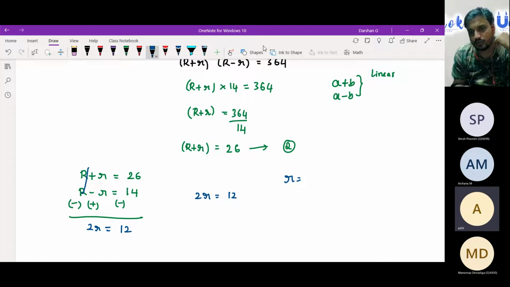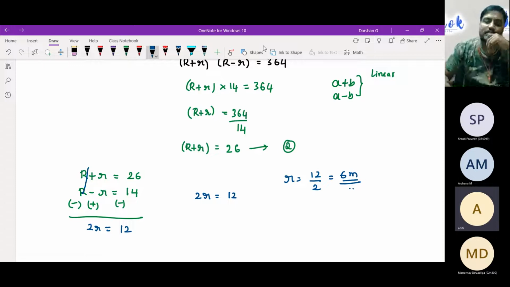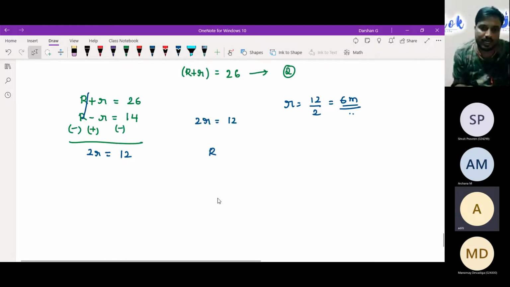r equals 12 divided by 2. The answer is 6 meter. The small r is 6 meter. Now put it in any one of the equations to find the bigger R. So R plus small r equals 26, R plus 6 equals 26, so R equals 26 minus 6.